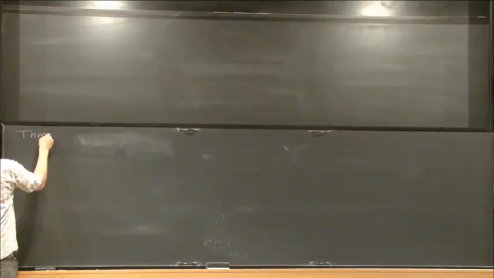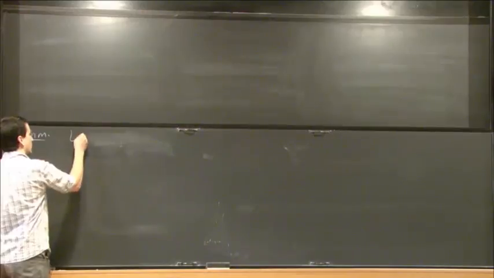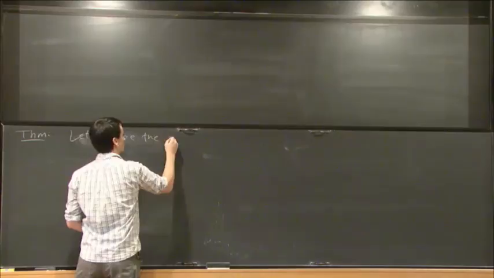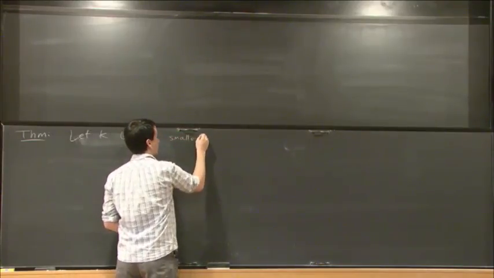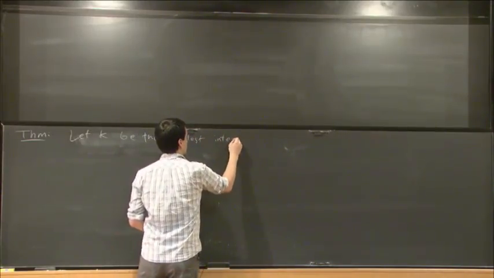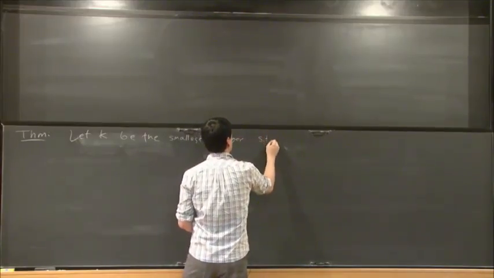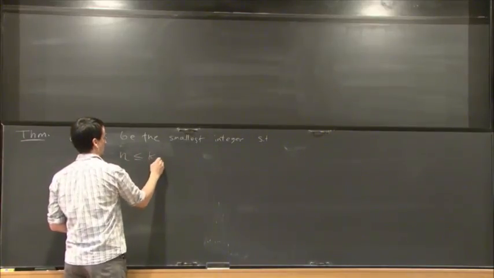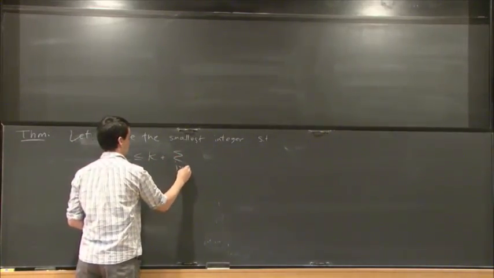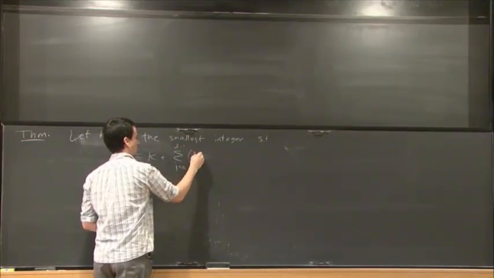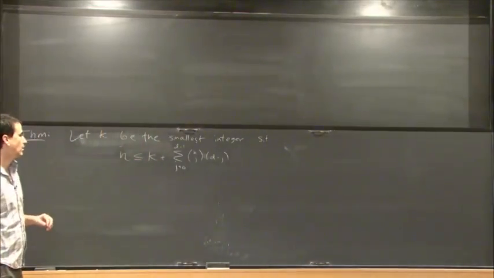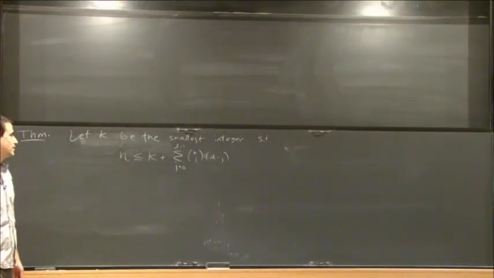Okay, so our theorem says the following. Let k be the smallest integer such that the following inequality holds. Okay, so slightly weird inequality.